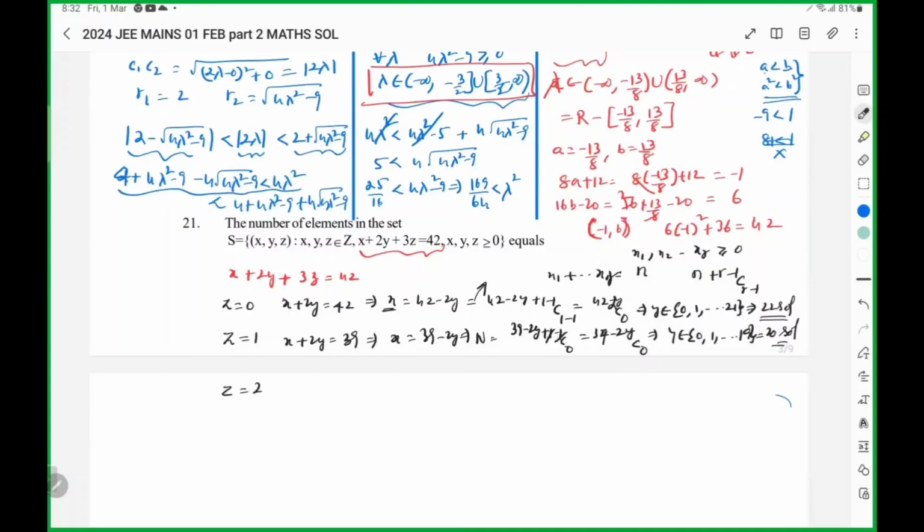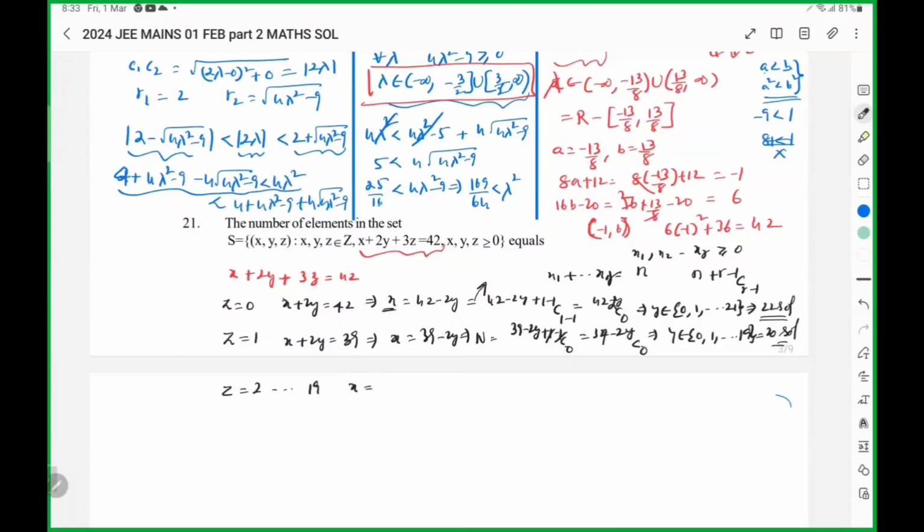Z is 2. Similarly, how many solutions do you get? 19 solutions. Let us check one more.